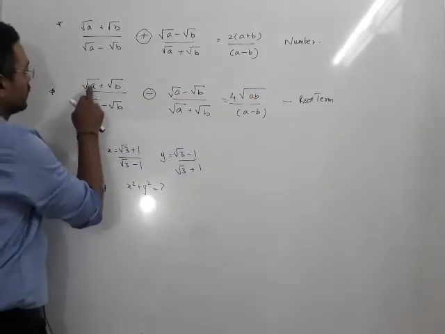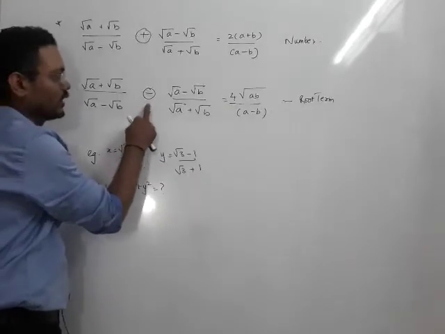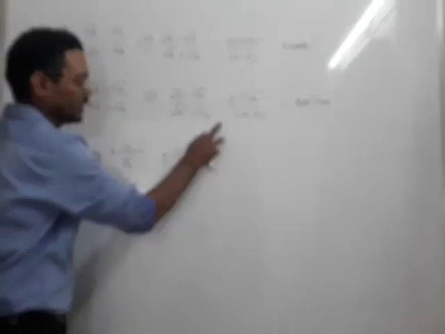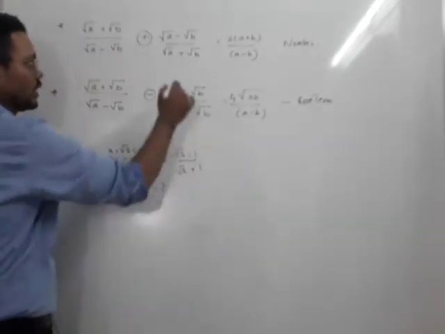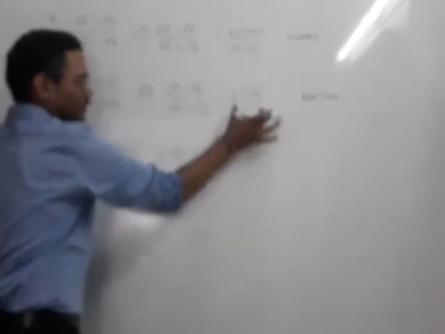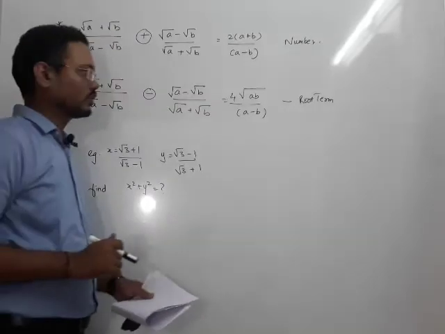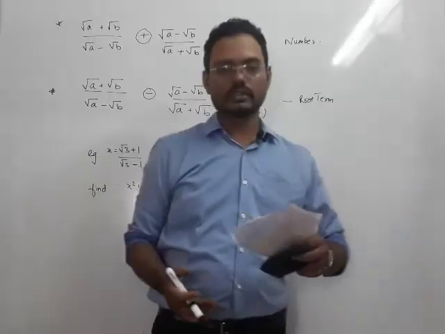Second, when there is a minus sign in between, then it will always be a root term, 4 times root of ab upon a minus b. This is a direct conclusion. Okay, this is one of the examples. I'll show how this example is solved in the exams by many students.